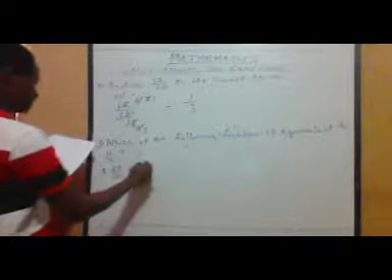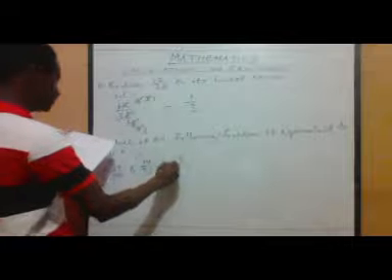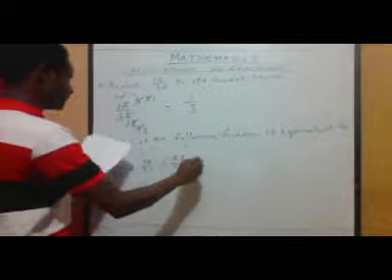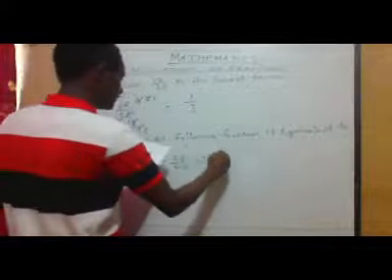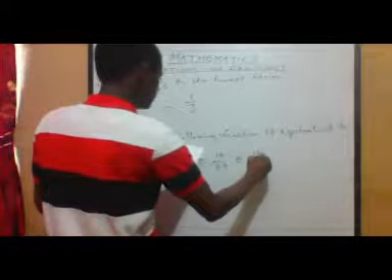We have A, 24/36, B, 24/30, rather, B, 14/21, C, 28/49, D, 14/49, and E, 14/36.